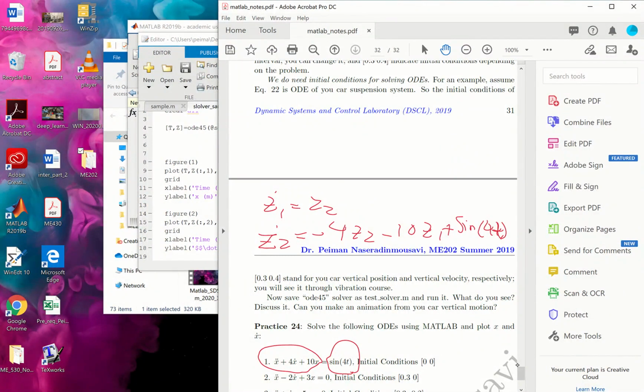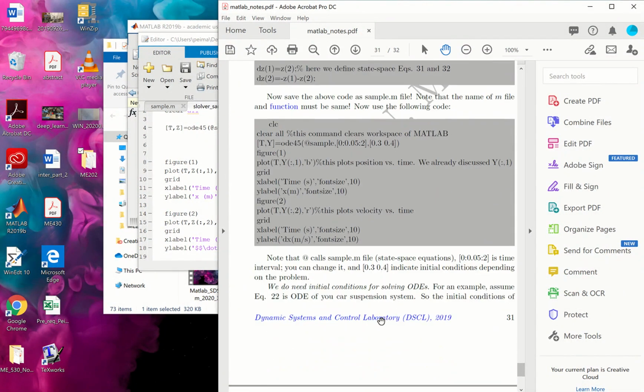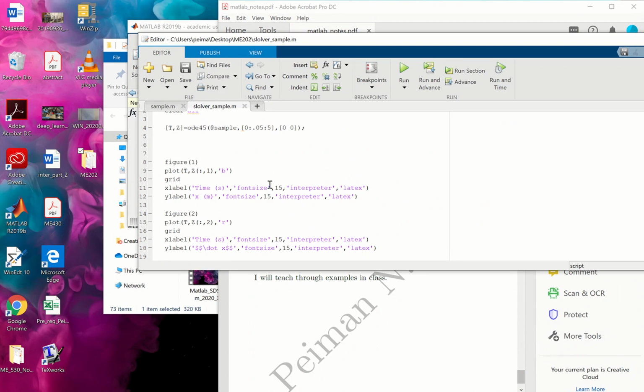Here, there's no harmonic force. Let me show you. Here you have this harmonic force. Here you have sine and cosine 2t harmonic force. Here you have an incremental harmonic force because you are multiplying a linear t by sine of t. That's right.